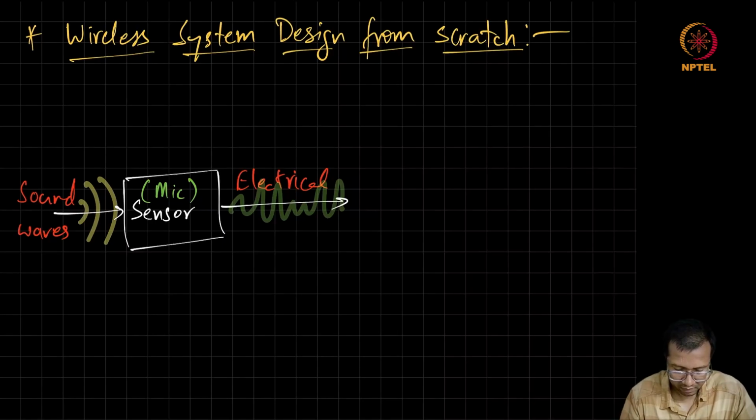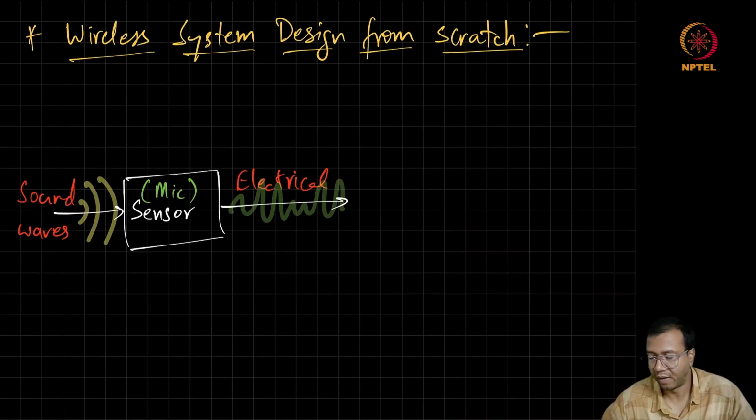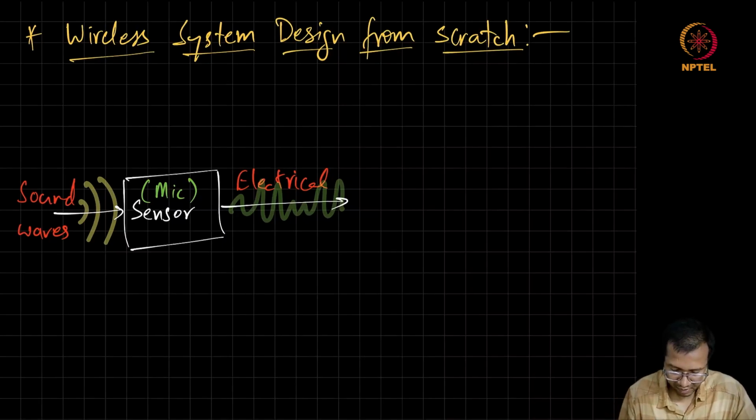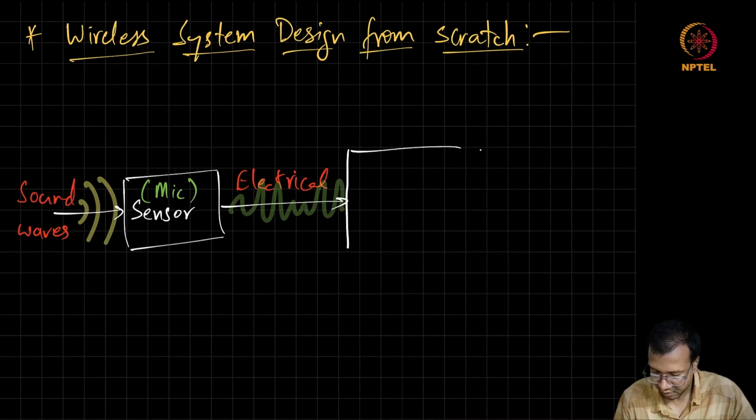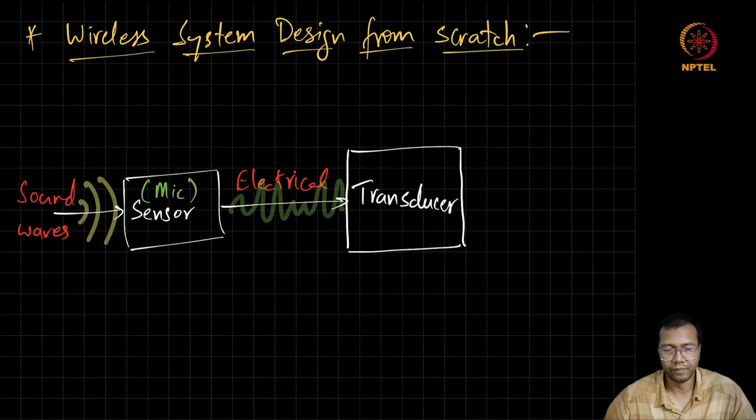And our job is to convert this electrical signal into electromagnetic waves which can propagate in space wirelessly. So what we need is another transducer which takes this electrical signal and converts it into electromagnetic waves.